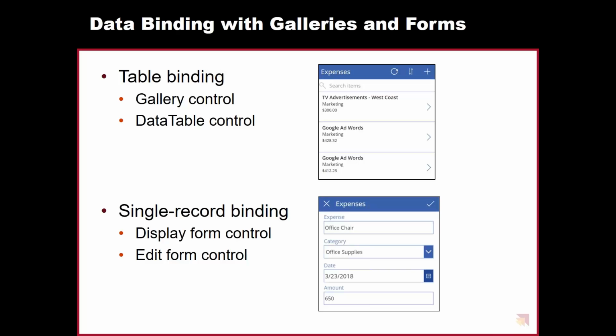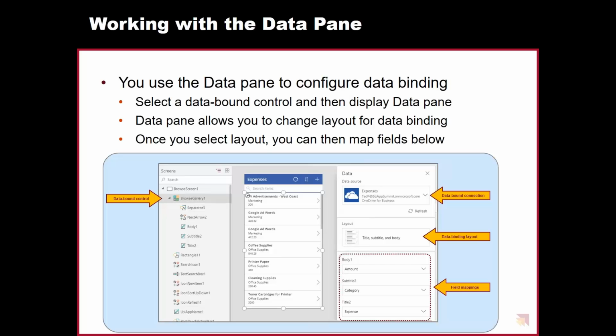Okay, now this is something where even if you're not using custom connectors, we do a lot of this work. What we'd like to do is bring in a custom connector and still do as much of the exact same type of work, where we just bind to tables and single record binding. What you're going to see is that it's a little bit more tricky than when you're using the connectors that come out of the box.